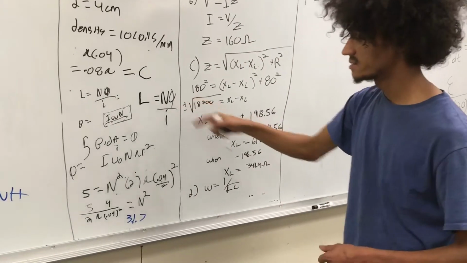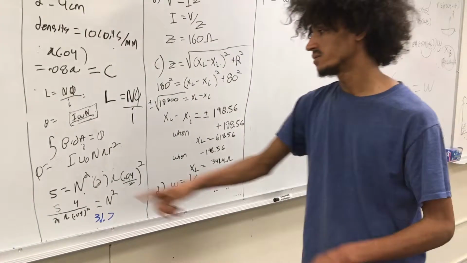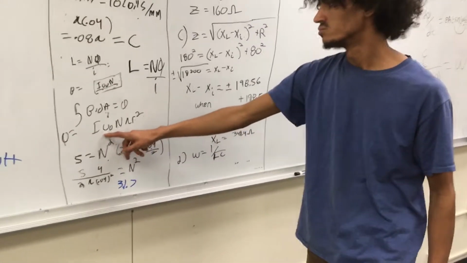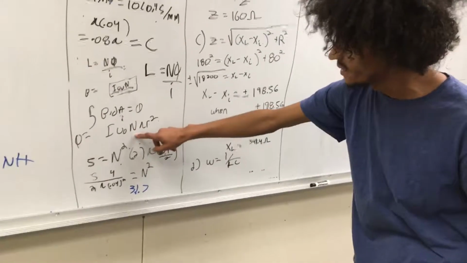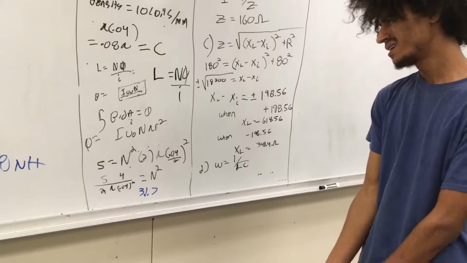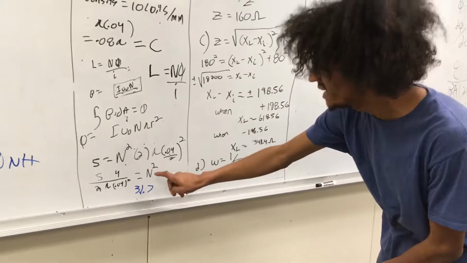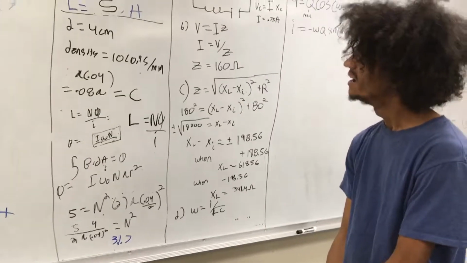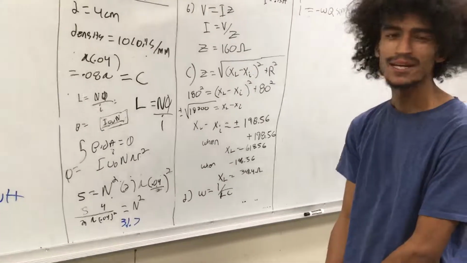So I wanted the flux. I got that it is equal to I mu naught n pi r squared. And then I solved for n. I'm not quite sure what to do from there, but I tried.